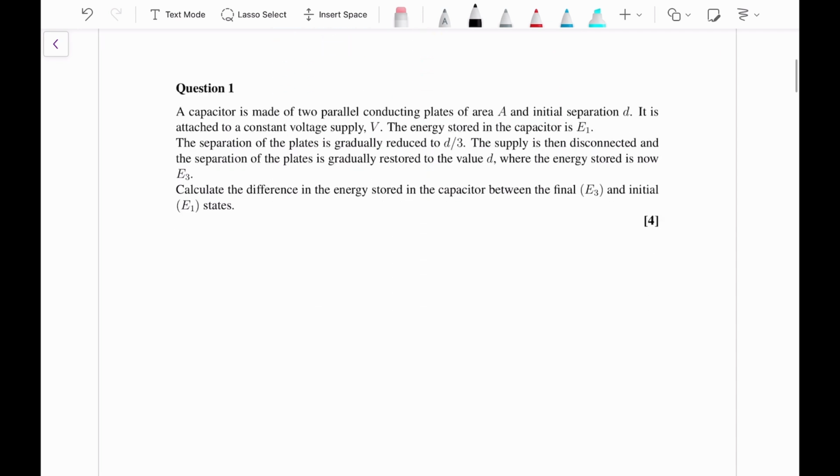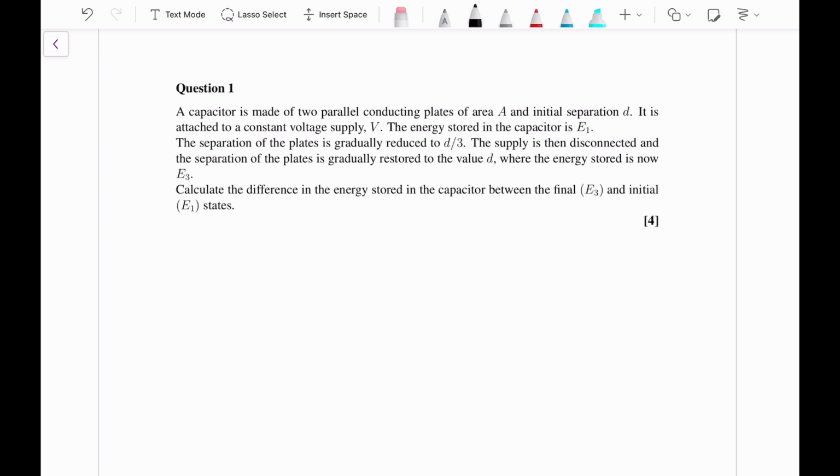First, I'm going to express E1, then express E3 in terms of E1, and then get the difference. I suppose the difference should be expressed in terms of the variables A, D, V, and epsilon.